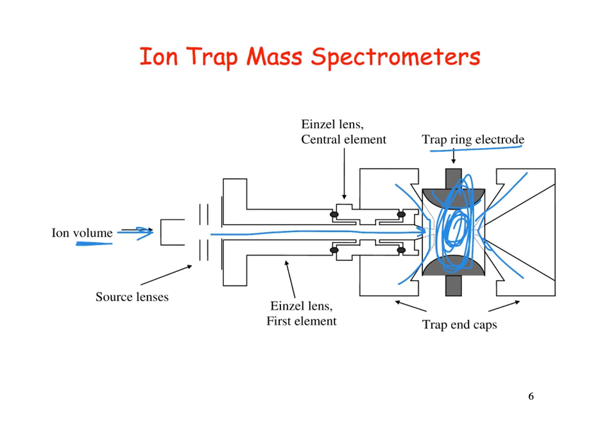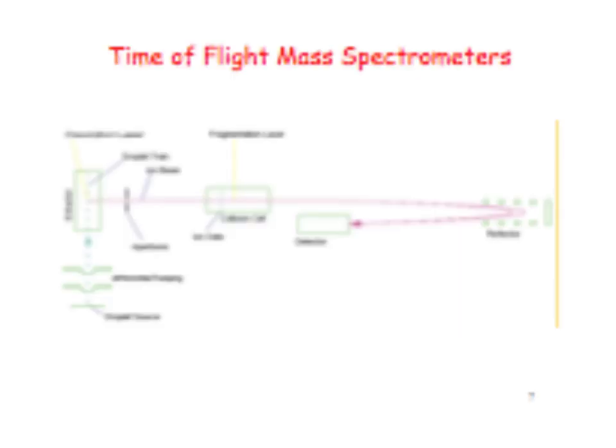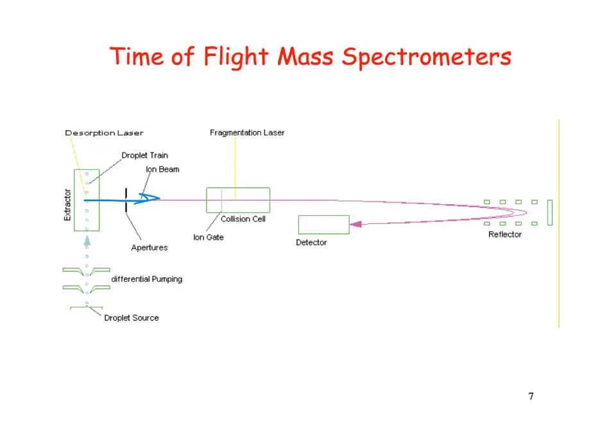Next are what's called time-of-flight instruments. And time-of-flight is kind of a simple concept. Essentially the ions are accelerated, and as long as they're all accelerated with the same energy, the time that it takes for them to fly down, and in this instrument it has this reflector plate that they're curved away from, the time that it takes is determined by their mass to charge ratio.